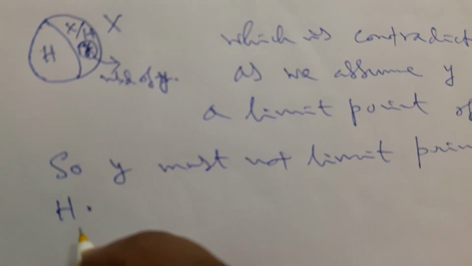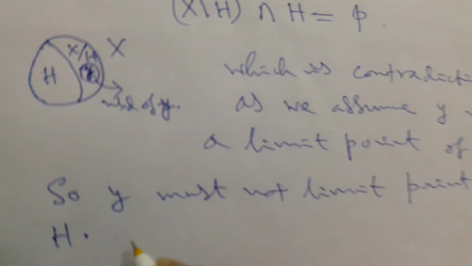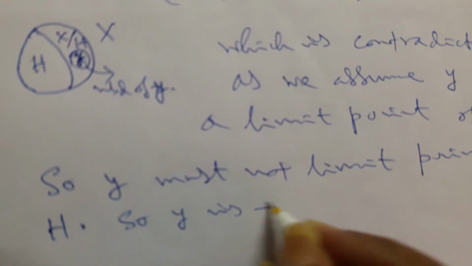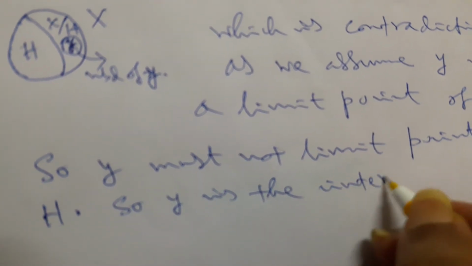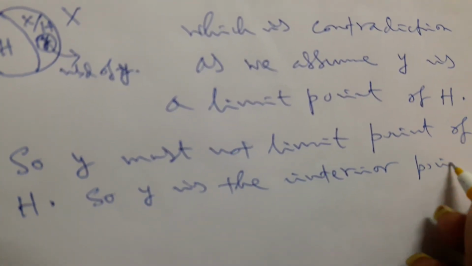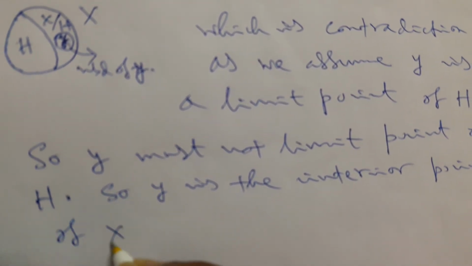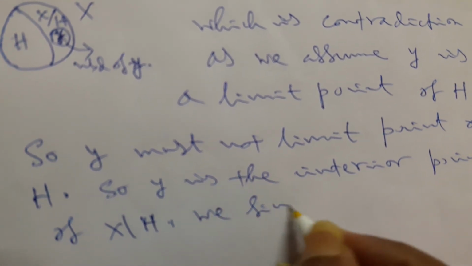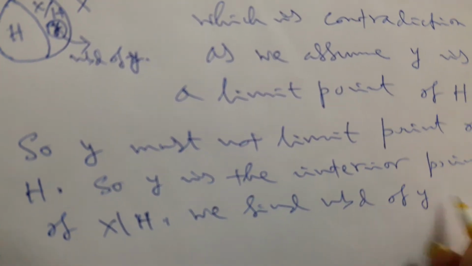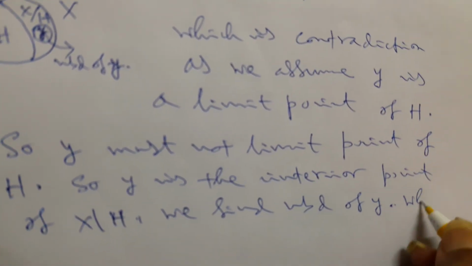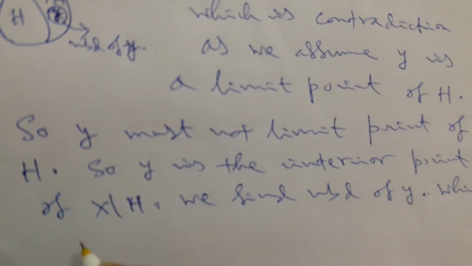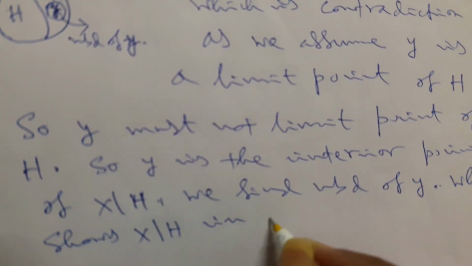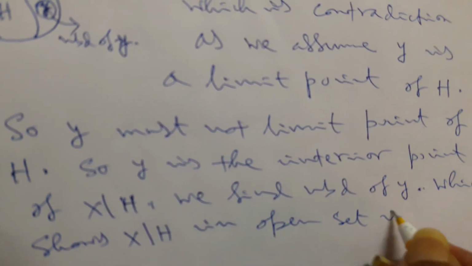Since y is not a limit point of H, y is an interior point of X minus H. We find a neighborhood of y, which shows X minus H is an open set in X.